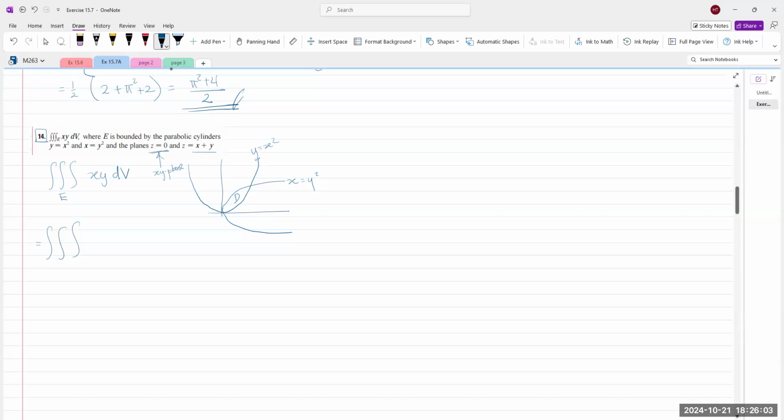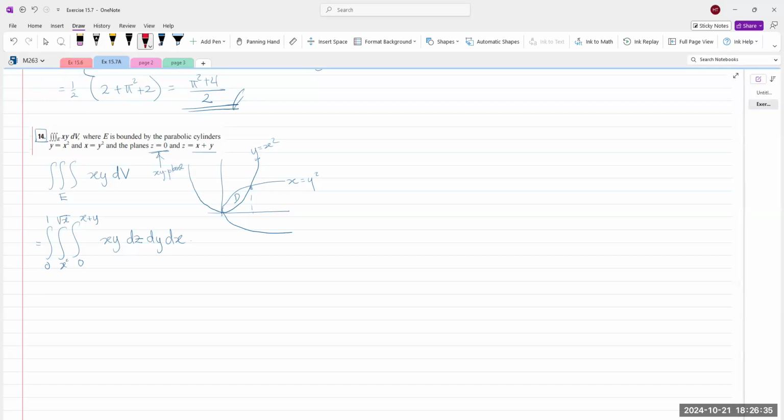by symmetry. Okay, so that will be from 0 to x plus y for the innermost integral of xy dz. Okay, and then dy, dx, this is 1, right? Integral from 0 to 1, the lower bound is x squared, the upper bound is square root of x. So that's the triple integral.